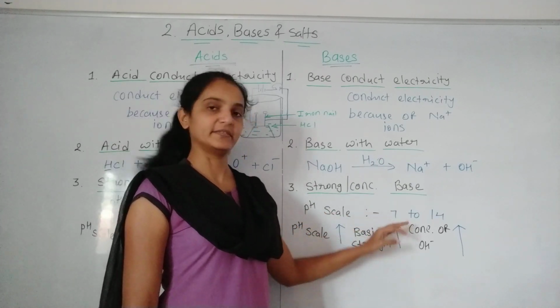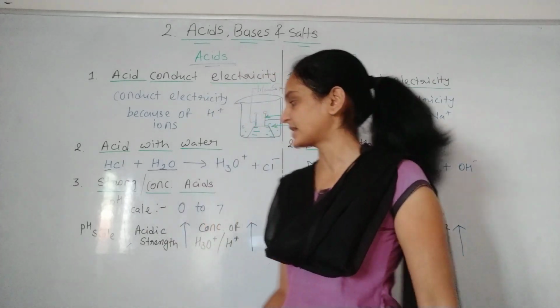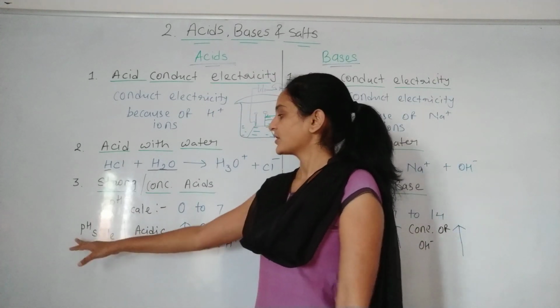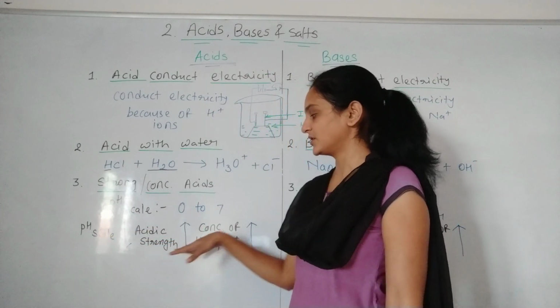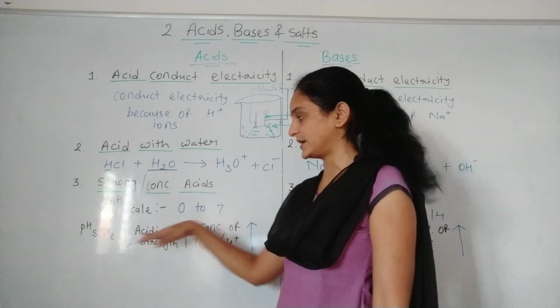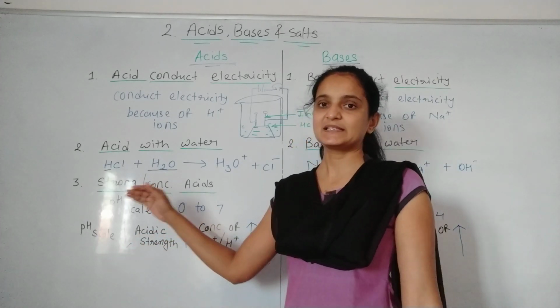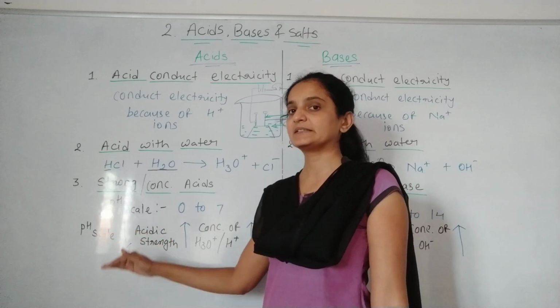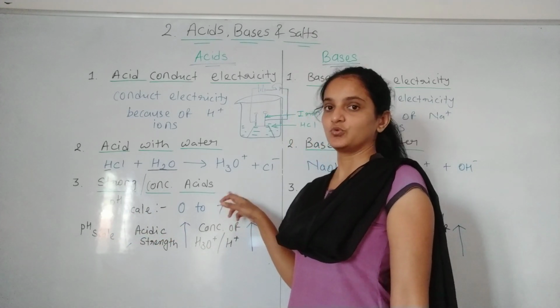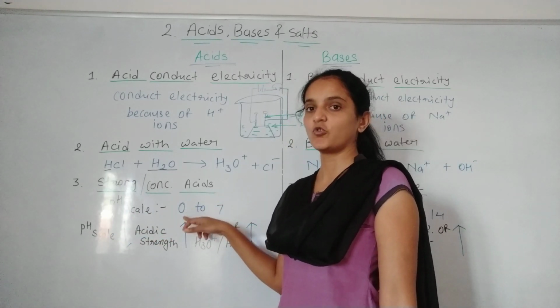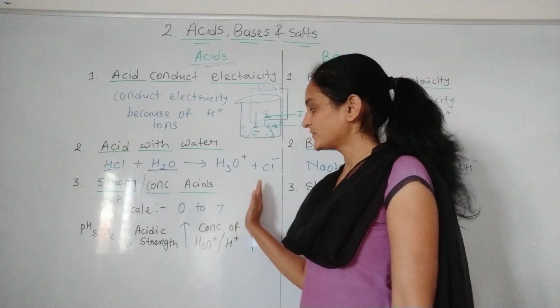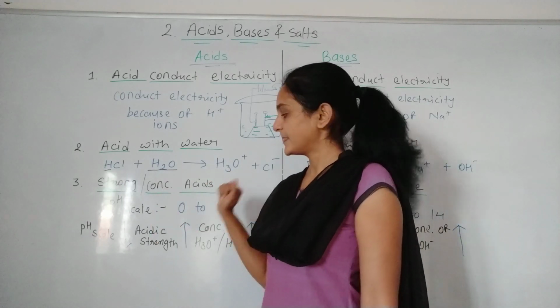So how can we define this? How can we judge this? How can we measure it? Here we look at the relationship between acidic strength, concentration and the pH scale. If the pH is decreasing, it means what? 7 to 6, 5, 4, 3, etc. If the pH is decreasing, then what happens?